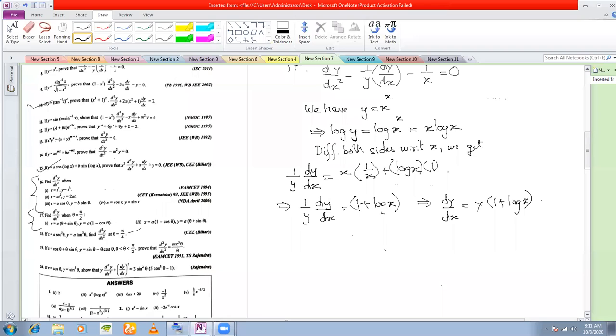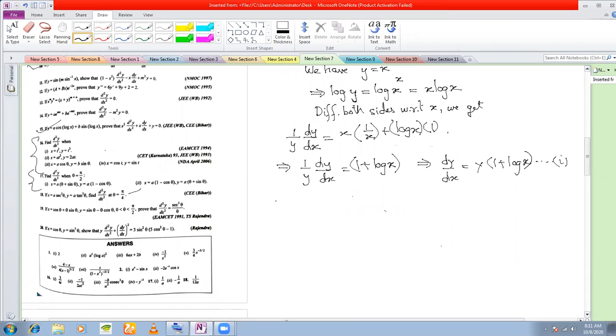Okay. So let us call this 1. Now again, in order to find d2y/dx2, we have to differentiate both sides of 1. So therefore, d2y/dx2 is equal to d/dx of dy/dx, which is d/dx of y into 1 plus log x.